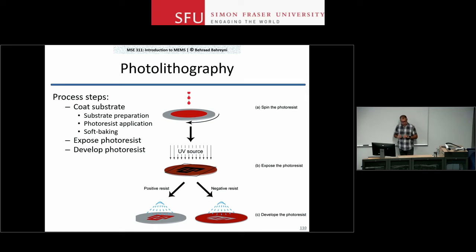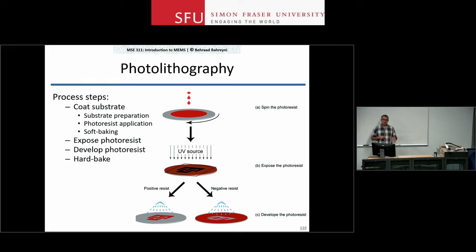In most typical applications, we use positive photoresists because the chemistry is easier and more suitable for the following processing steps. But negative resists are also used quite often, especially when you go to e-beam lithography and those kinds of technologies. It is the negative photoresists that dominate the chemistry.